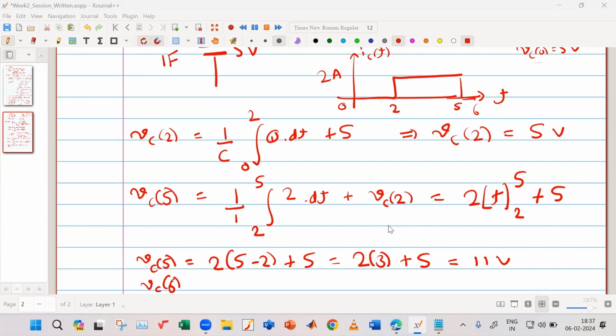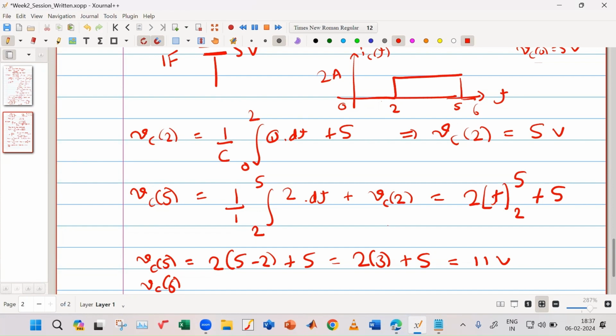What is Vc of 6? Consider from 5 to 6. From 5 to 6, there is no current flowing into the capacitor. If there is no current flowing into the capacitor, it will maintain the voltage across it, right? Because it is not getting extra charge.